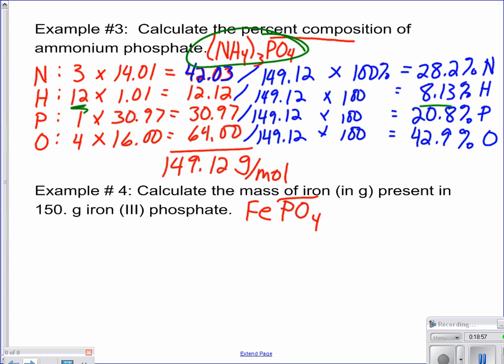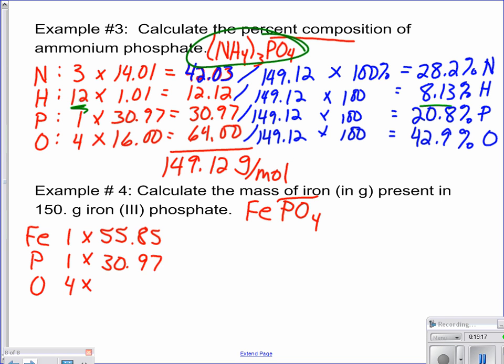So when you go through, we're still going to have to do that same procedure and go through and calculate our molar mass, formula mass. We've got 1 atom of iron, 1 of phosphorus, 4 of oxygen. Iron has a mass of 55.85 grams per mole.